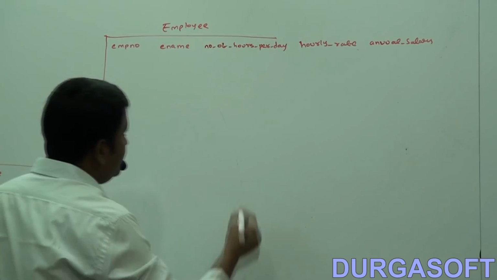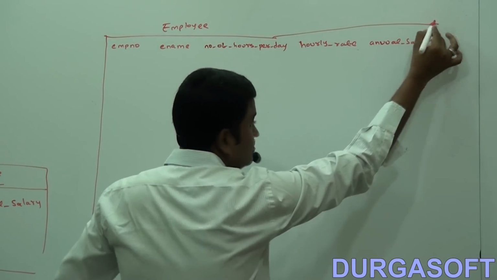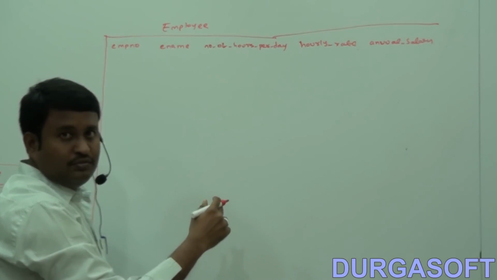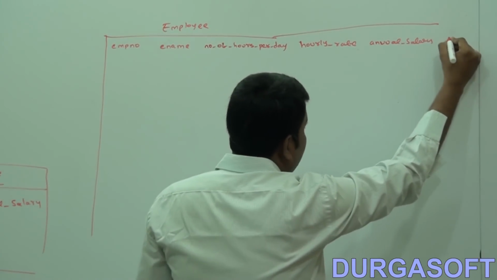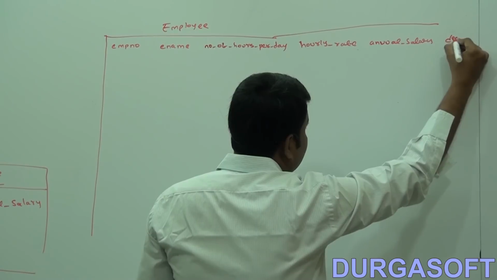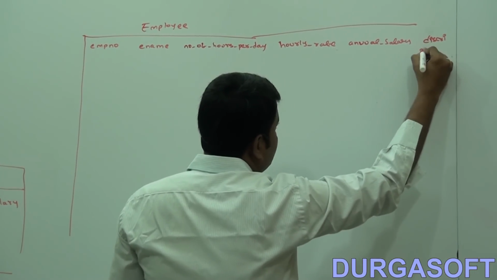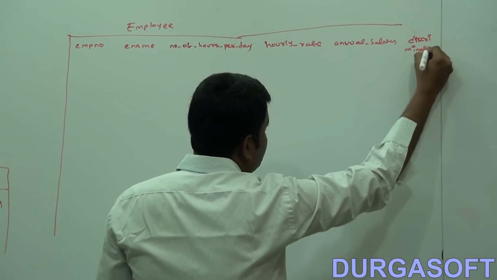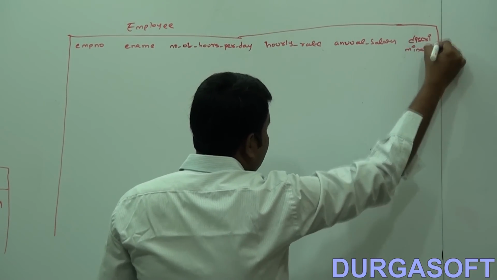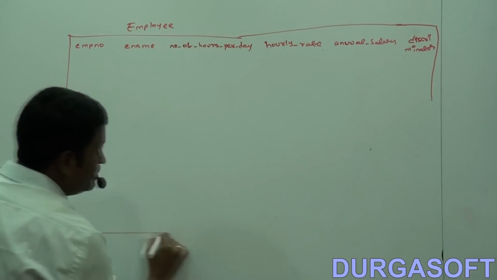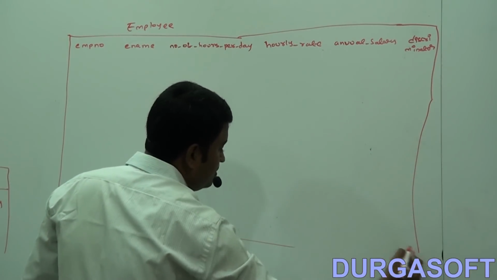Next there is one special column, the discriminator column.